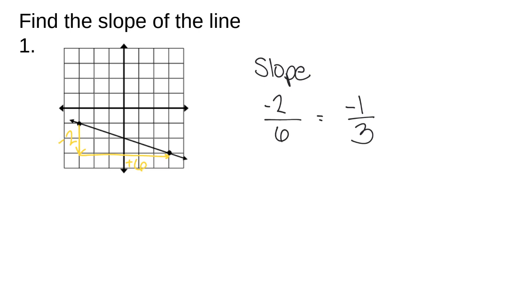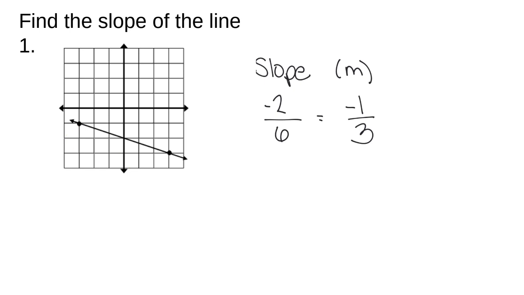The abbreviation that we use for slope is the letter M. So you can write M instead of slope if you'd like. Now you'll notice it also goes through the y-axis right here. We could have used this point as well, instead of the 2 that we chose.